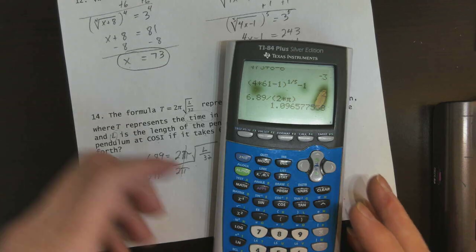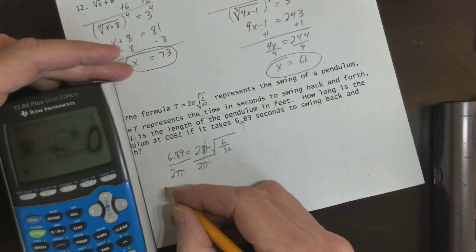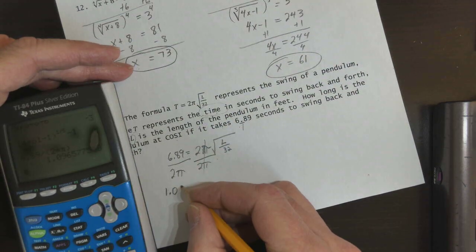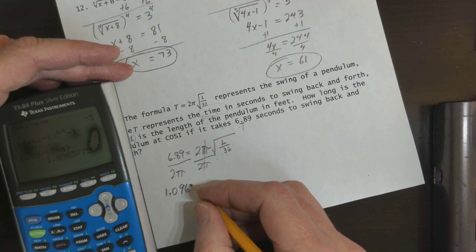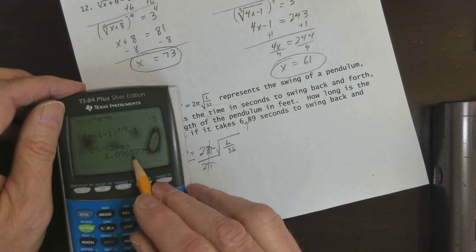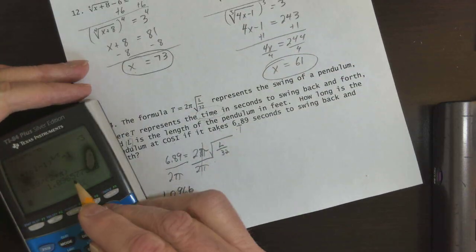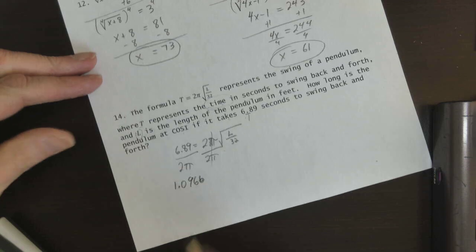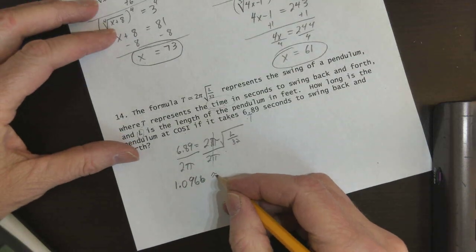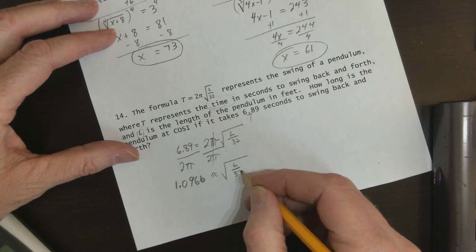I'm going to keep a lot of decimals here. This is 1.0966, I'll go 4 decimal places. 1.0966, approximately, is the square root of L over 32.